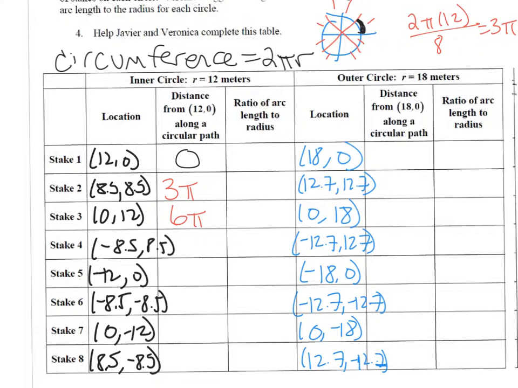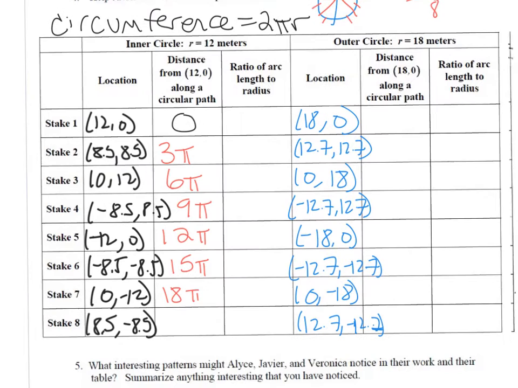Three pieces is 9 pi. 4 pieces, 5 pieces, 6, oh, not 16, Miss Weiss. 1 piece, 2 pieces, 3, 4, 5, 6, and then lastly 21 pi, and if we go all the way around, we get to that circumference of 24 pi.